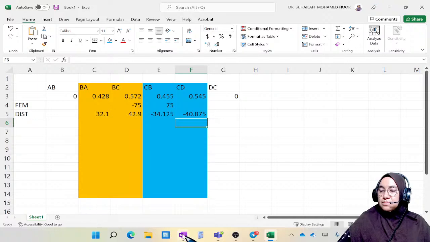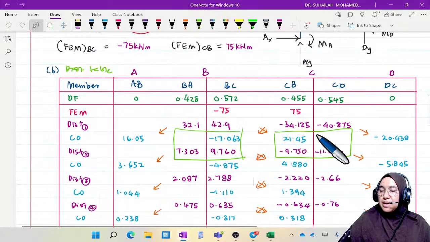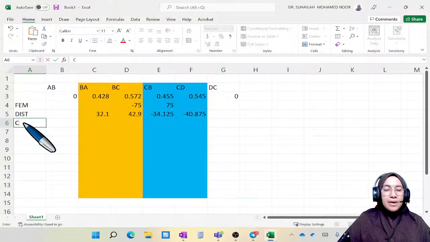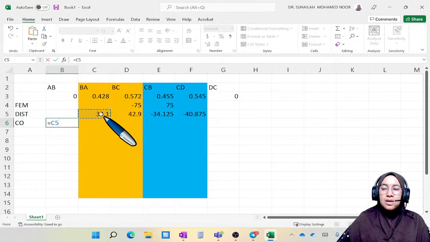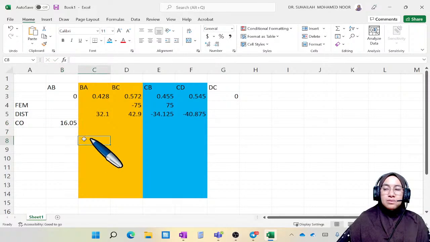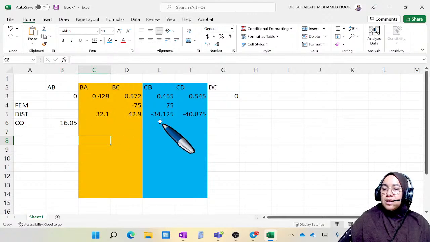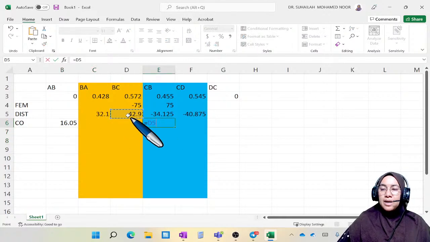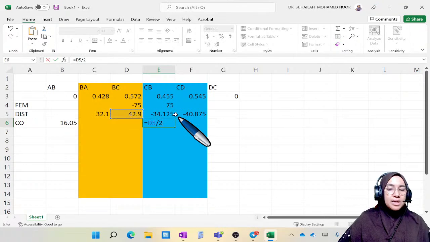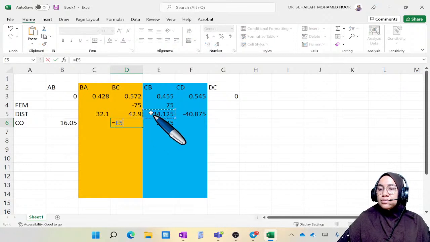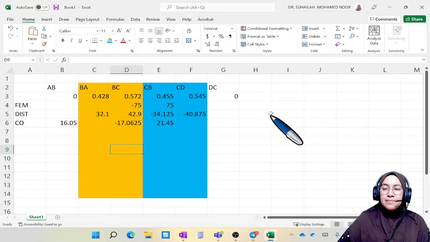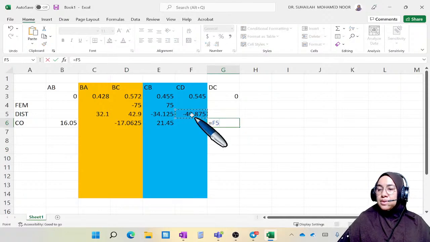Okay, check. 40.875, 34.125, 42.9. So carry over. Carry over, we have to cross. It is cross, right? 42.9 cross boundary. This also needs to cross boundary, and this is also we need to cross boundary.